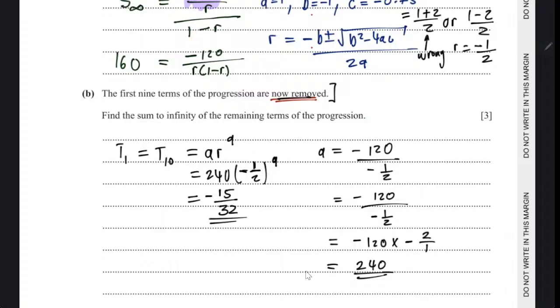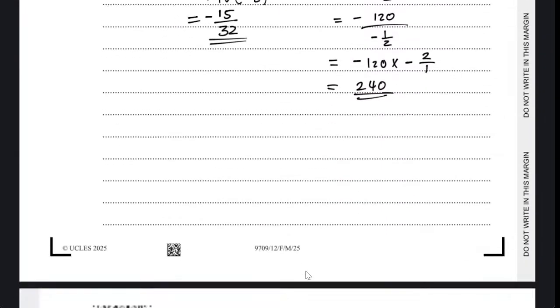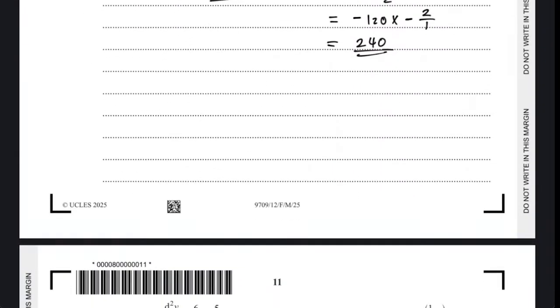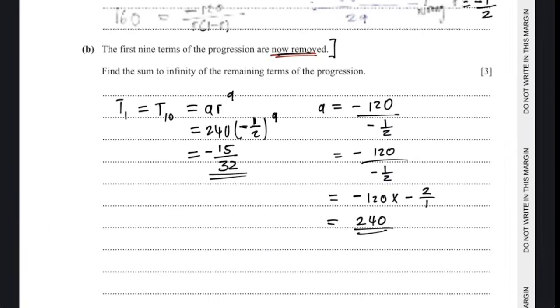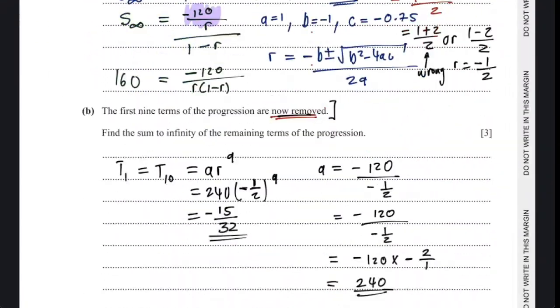Right. Can you check with your marking key? February, March 2025, paper 1, number 8B.